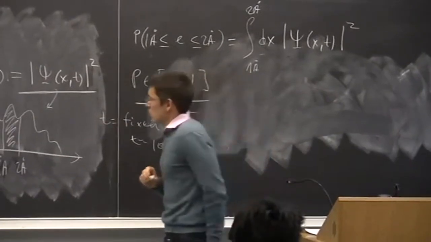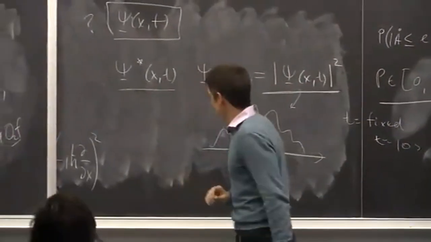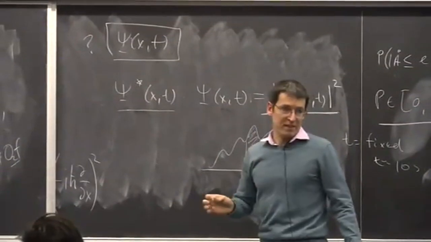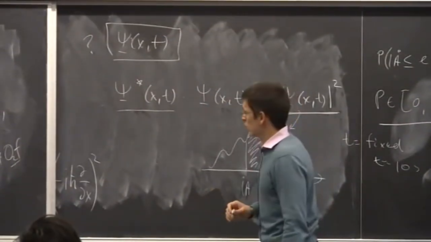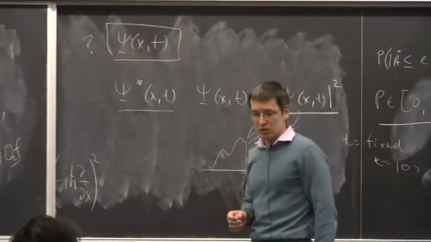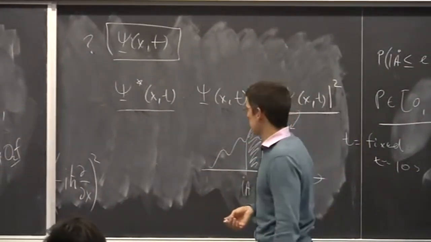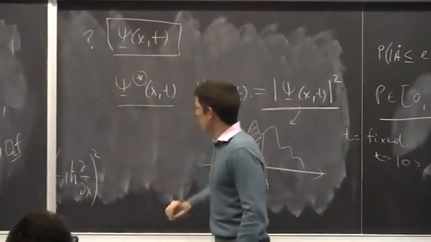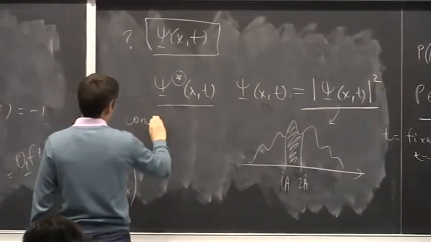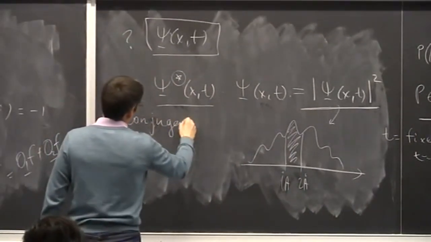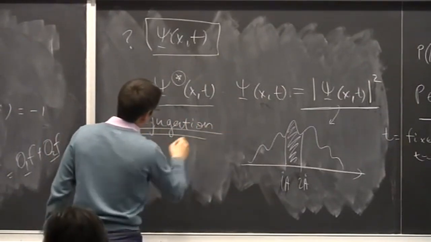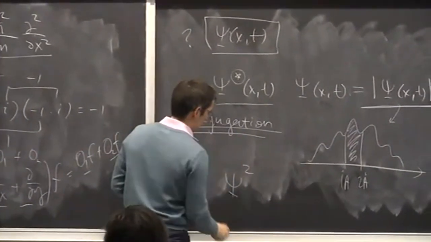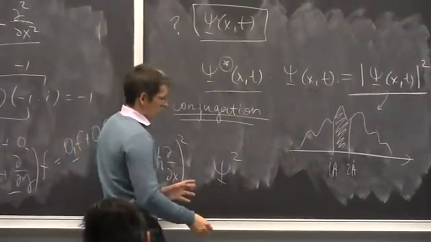All right, so now let me clarify what this operation is and why this quantity will always be positive, because probability cannot be negative. That's one thing you probably know just from the general understanding of what probability is. So it is this operation, which is called conjugation. Conjugation is very, very important. If you don't do that, and you just take psi squared, this quantity is not necessarily positive.